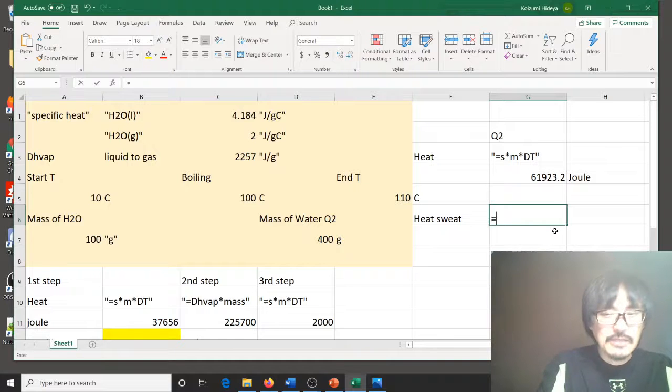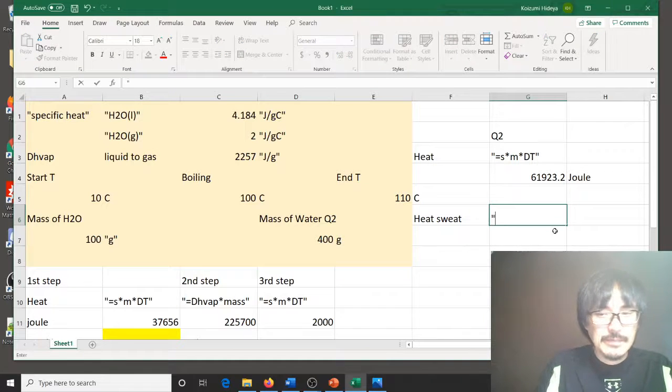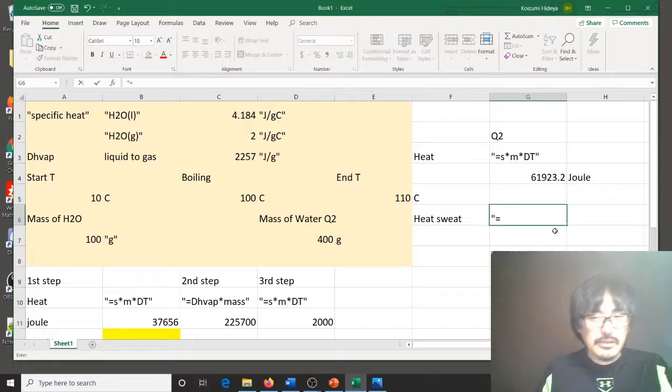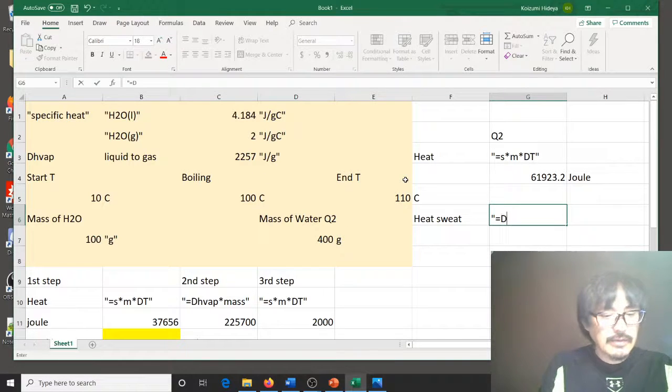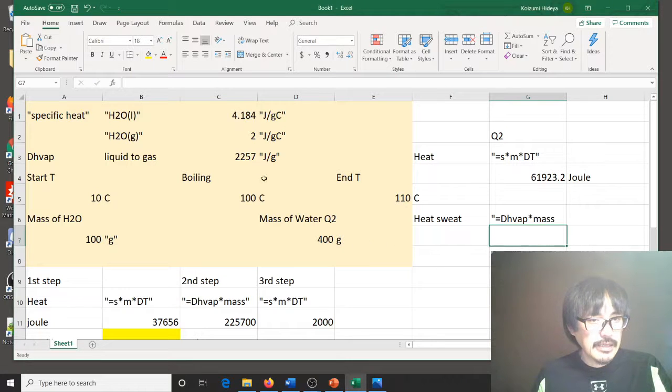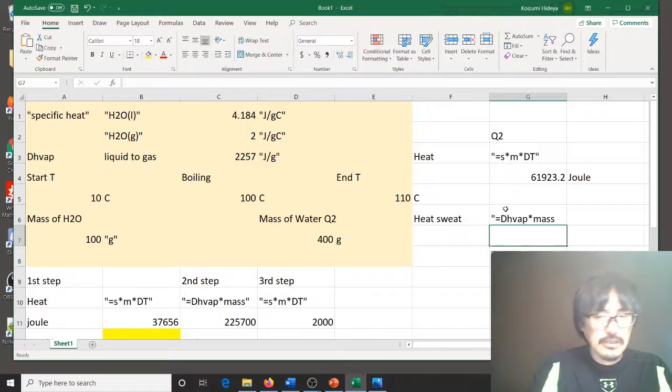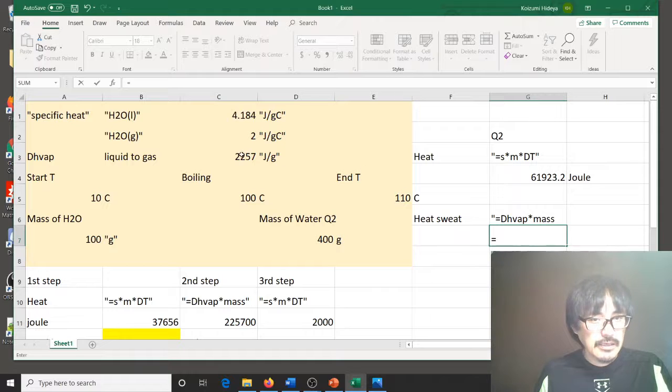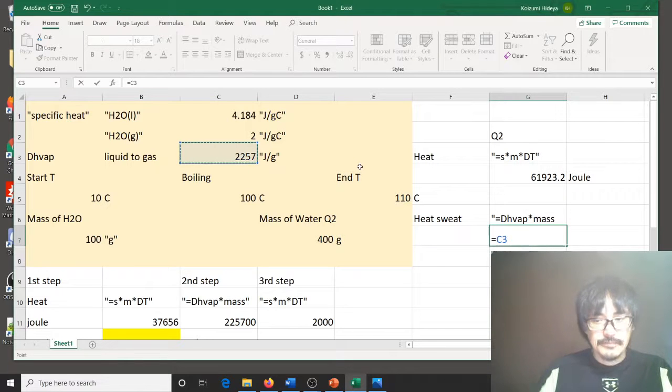Alright, so for this particular case, the heat loss is the delta H of vaporization multiplied by mass, right? So the delta H of vaporization is this guy, multiplied by the mass of water.